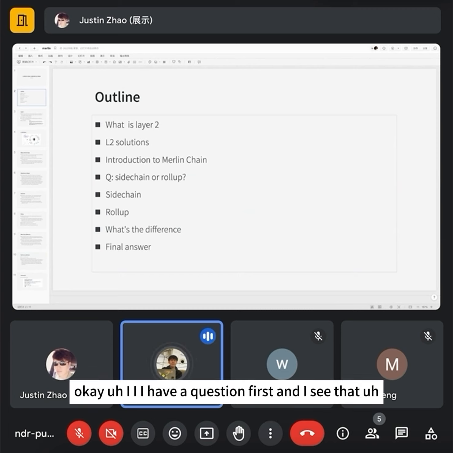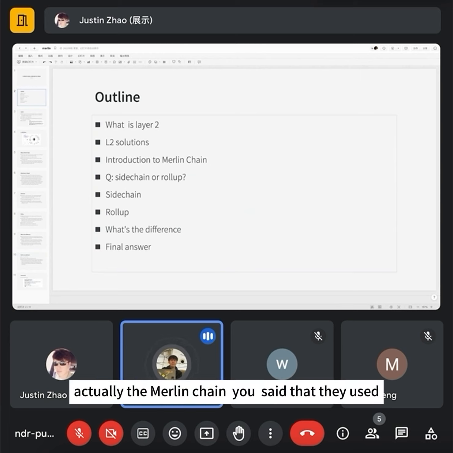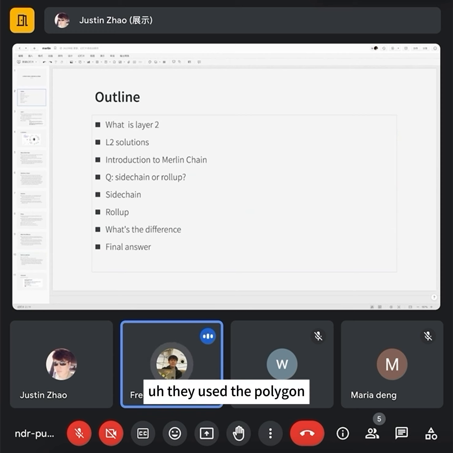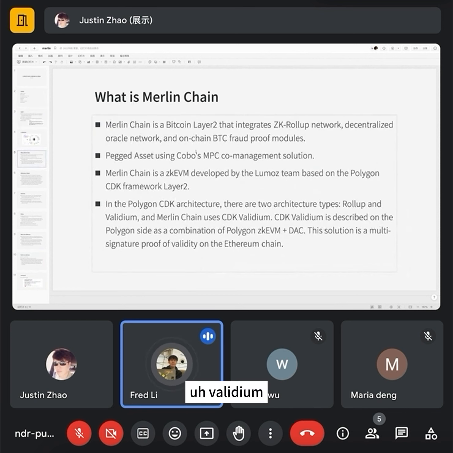Yeah. Okay. I have a question first. I see that the Merlin chain, you said that they use Polygon CDK, right? And it's ZK EVM and Validium. Why does it belong to sidechain but not Validium?